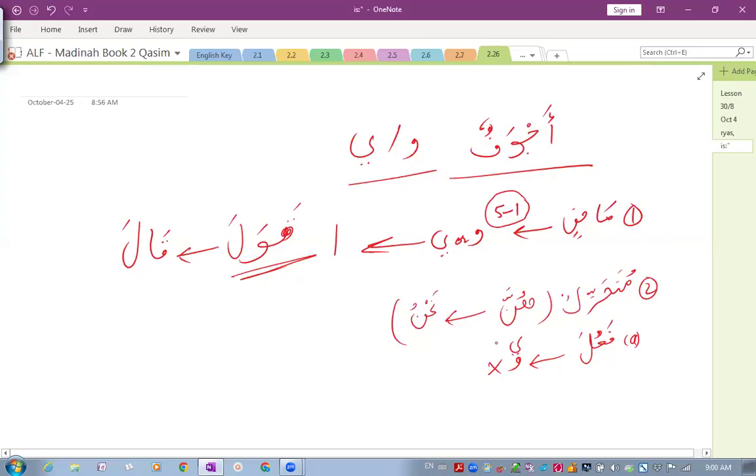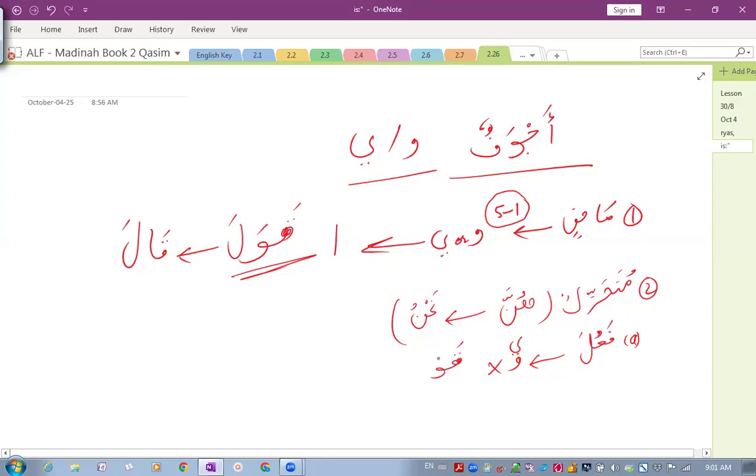And we saw the displacement of the haraka as well: fu'ila. So basically, first you replace, for example, kawala, and the fatha goes to the fa.